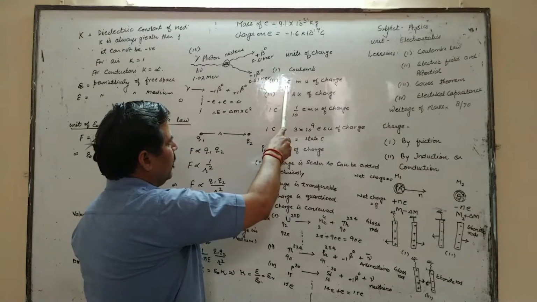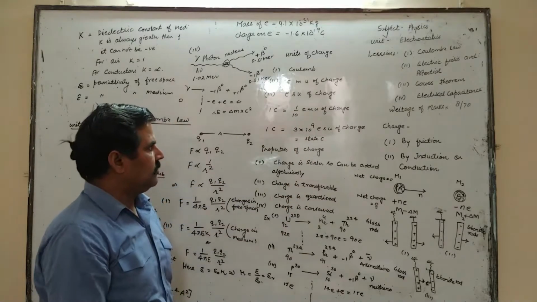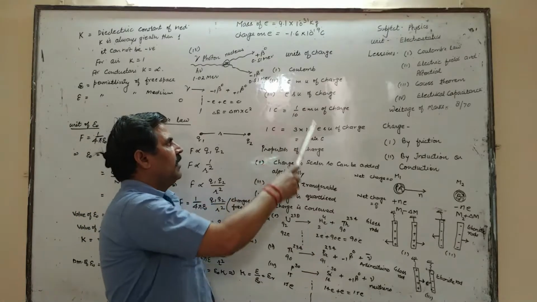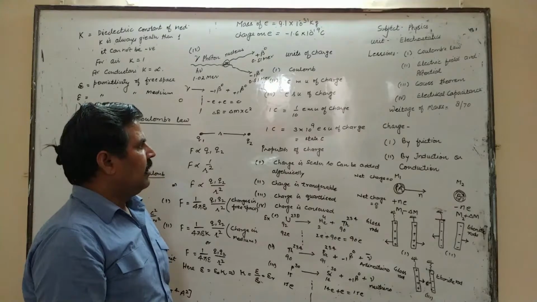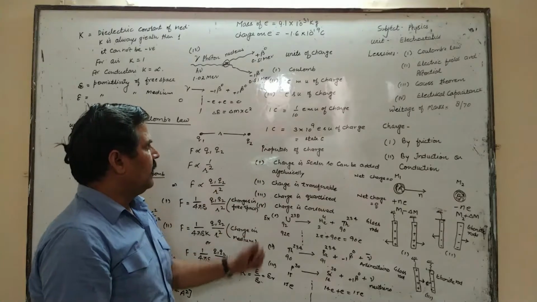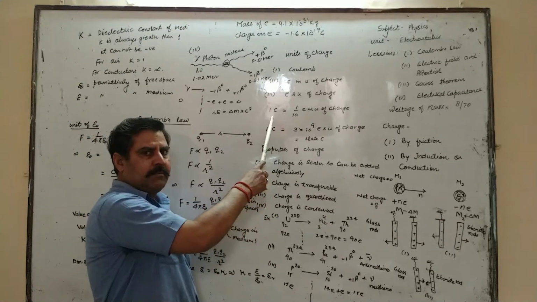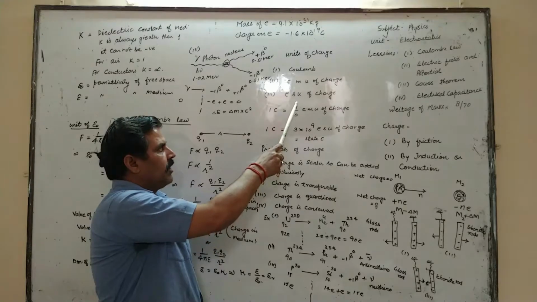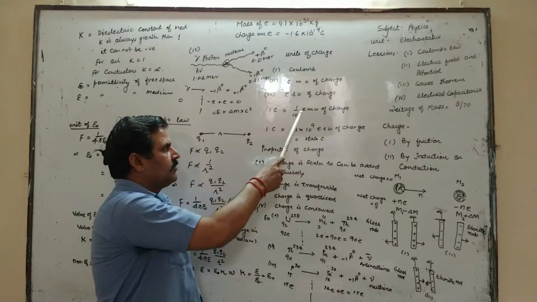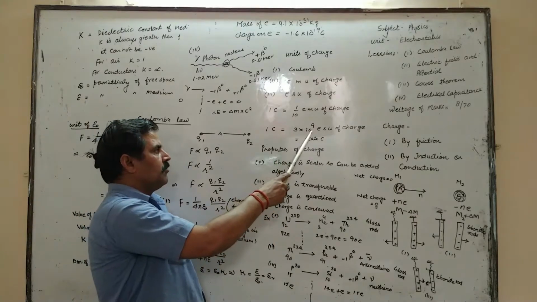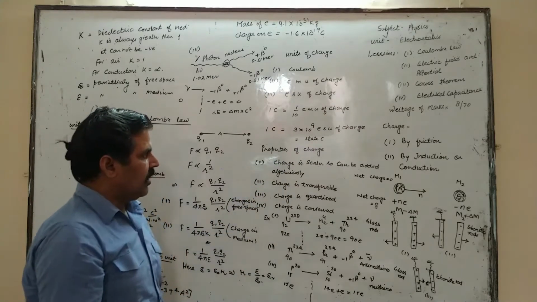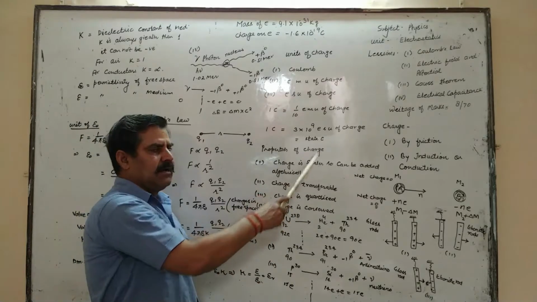EMU means electromagnetic unit of charge. ESU means electrostatic unit of charge. Now let us see the relation between them. 1 coulomb is equal to 1 by 10 EMU of charge, and 1 coulomb is equal to 3 into 10 to the power 9 ESU of charge. This is also called stat coulomb.